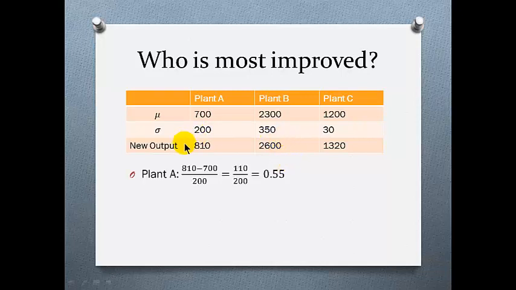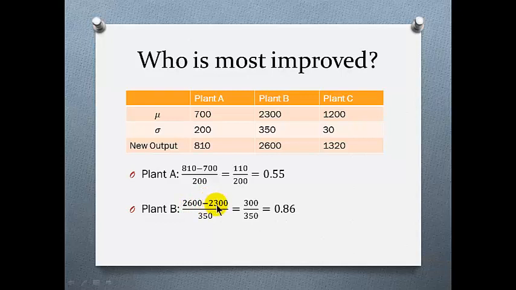So for plant A, we take the data value, 810, subtract the mean, 700. We get 110 divided by the standard deviation of 200. Ends up with 0.55, just over half a standard deviation of improvement for plant A. Same thing for plant B. We take the data value, 2,600.